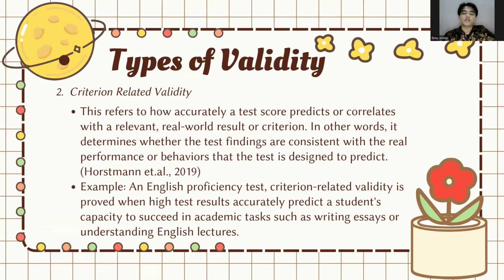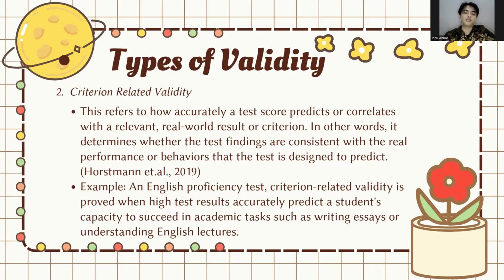The second is criterion-related validity. Criterion-related validity refers to how well the test result correlates with other measures of the same ability or with future outcomes. In other words, it determines whether the test finding is consistent with the real performance or behavior that the test is designed to predict.